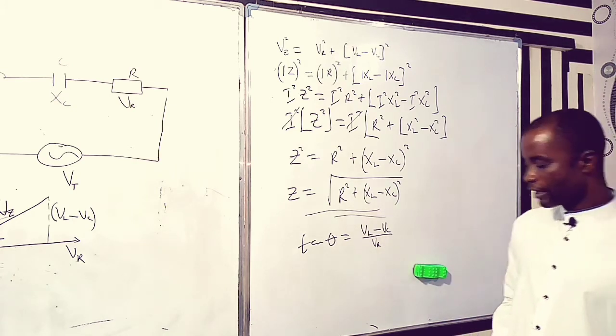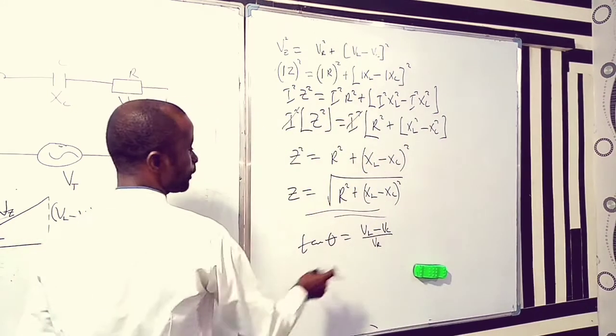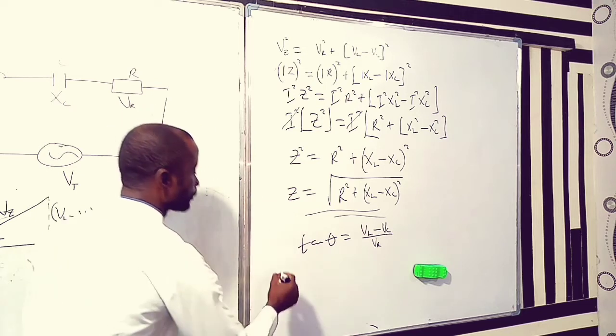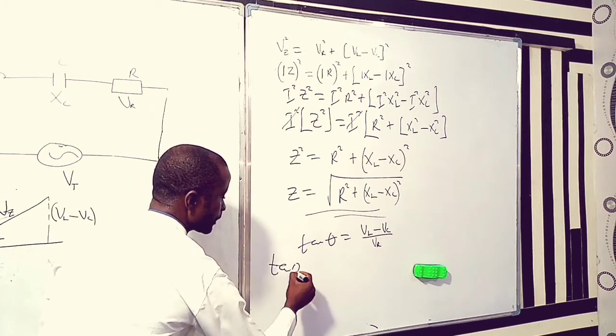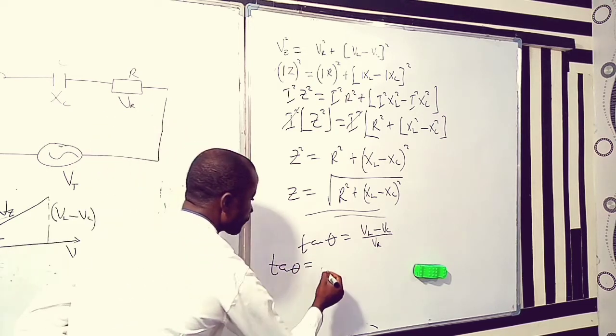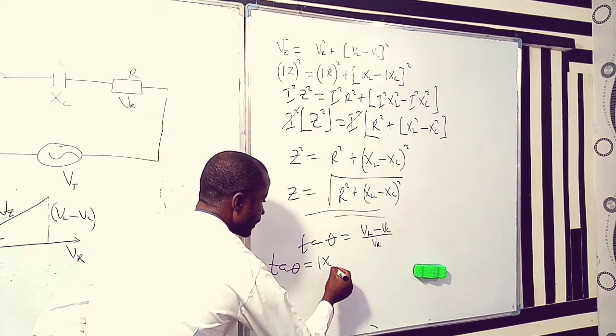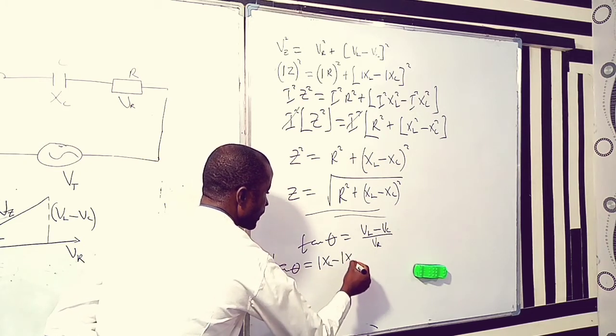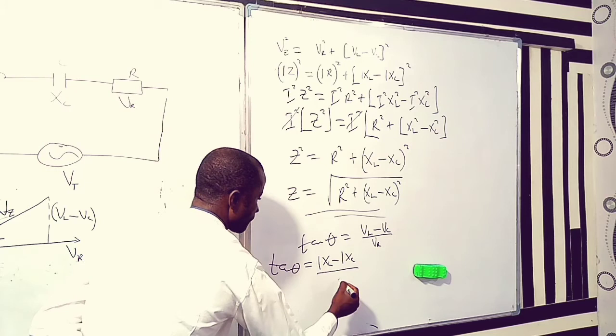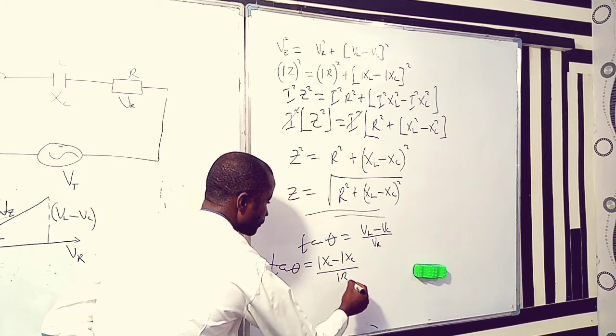Now substitute the values of VL and VC, and then tan theta is equal to IXL minus IXC over IR.